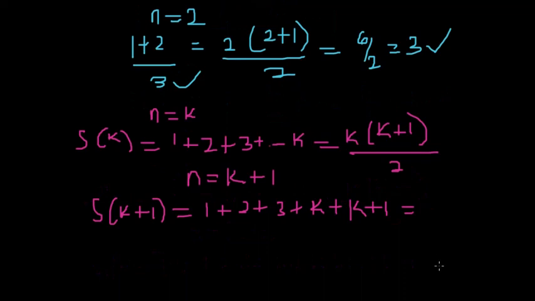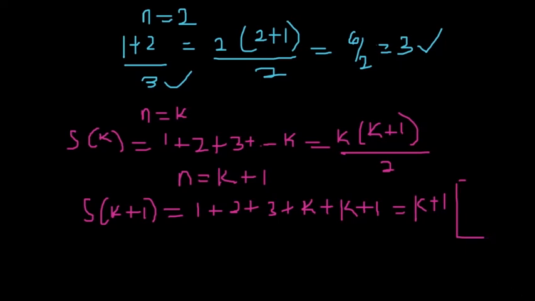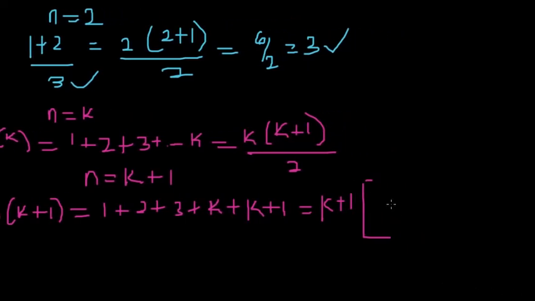So we have k plus 1, and then we open our brackets, and then we have k plus 1, then plus 1, and then we divide that by 2.